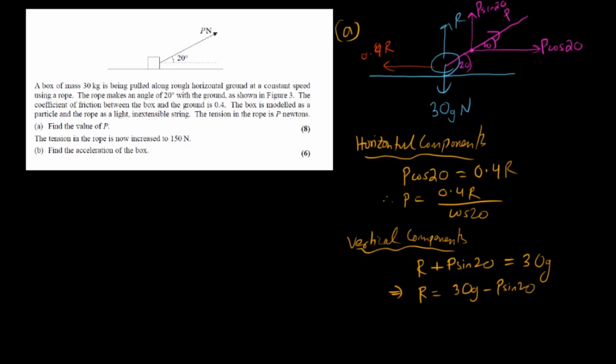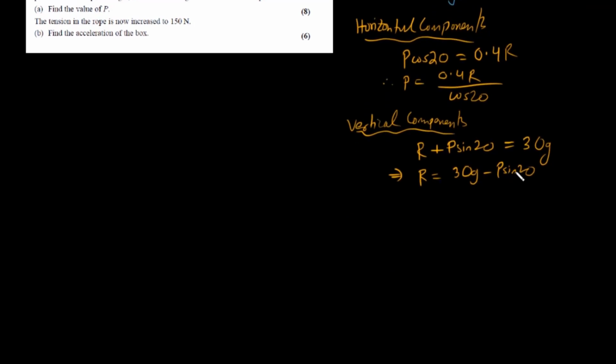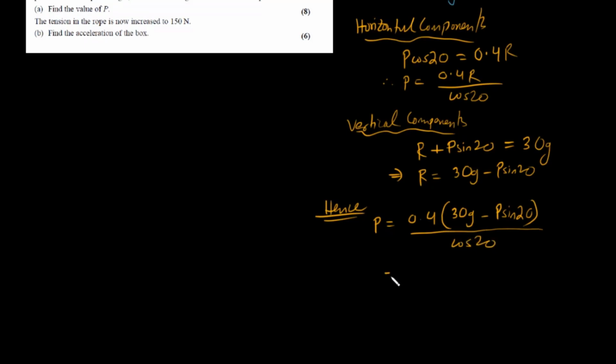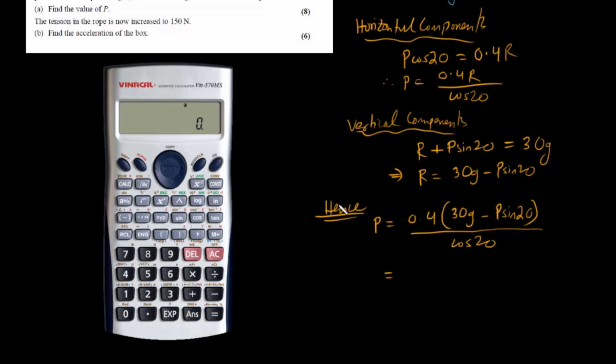So this is another equation. If we plug this value into the next one, we can get P equals 0.4 times (30g minus P sin 20) divided by cos 20.